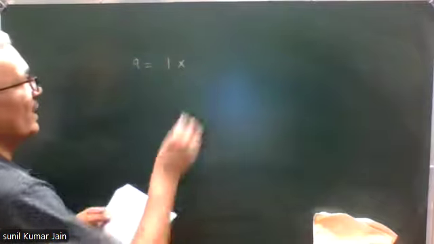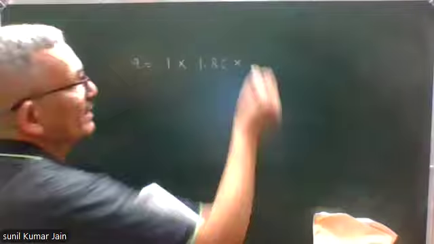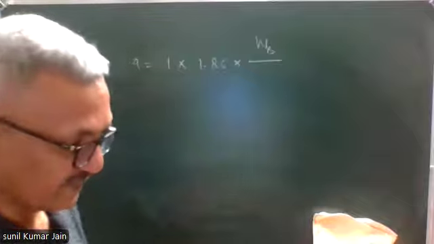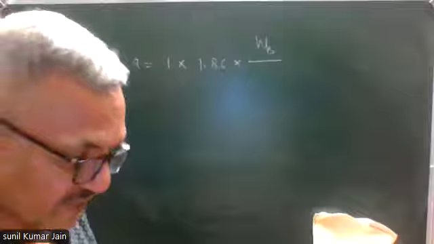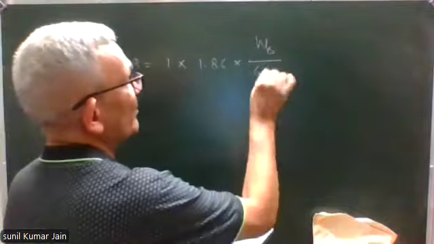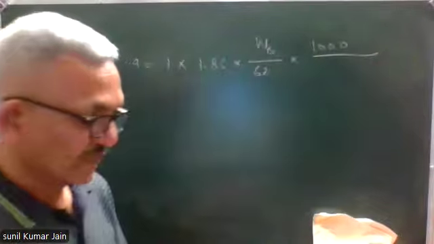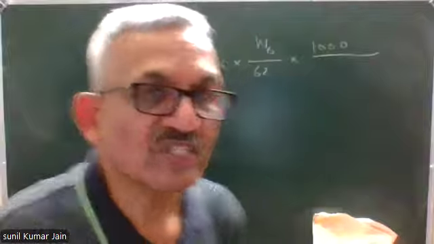See, depression is 9, i is 1, Kf into molality, weight of solute, glycol, that we have to calculate, divided by molecular weight into 1000 divided by weight of water. See, solution is 5 liters.